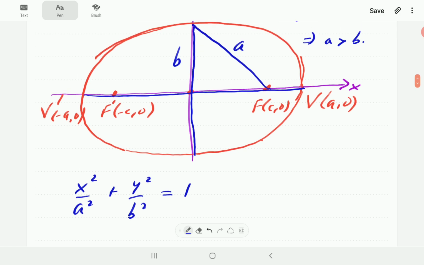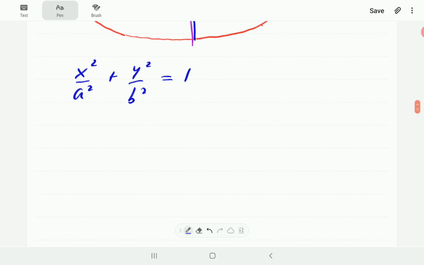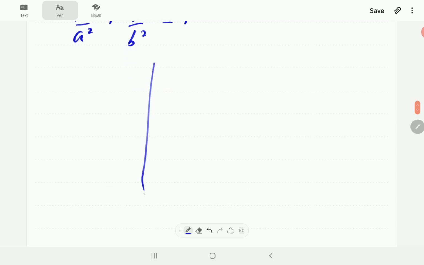You can see this equation is such that if you make y 0, then it gives you x squared equals a squared, so x is going to be plus or minus a, which are these two points here. Alternatively, make x 0, then it gives you y squared is b squared, so these are (0, -b) and (0, b) there. So that's the major axis, horizontal, and the ellipse is centered at the origin.